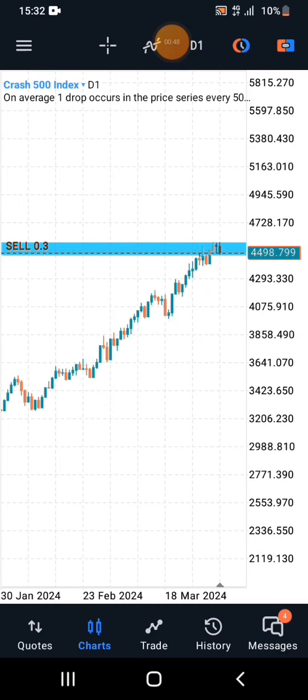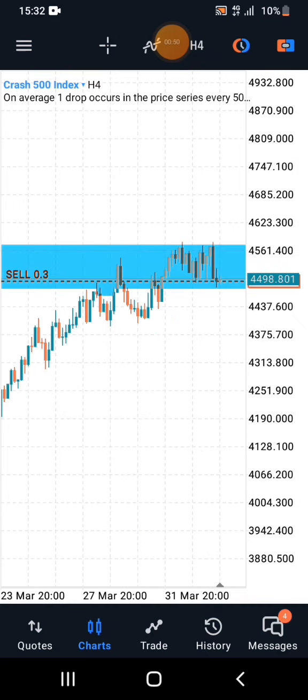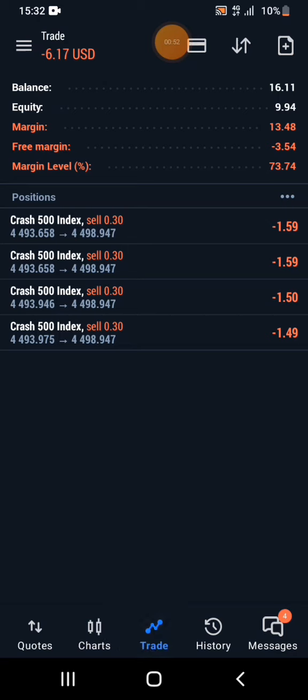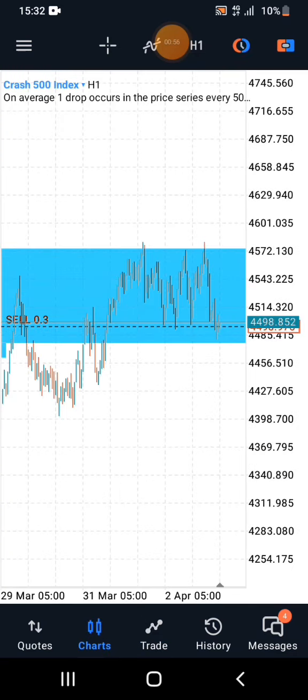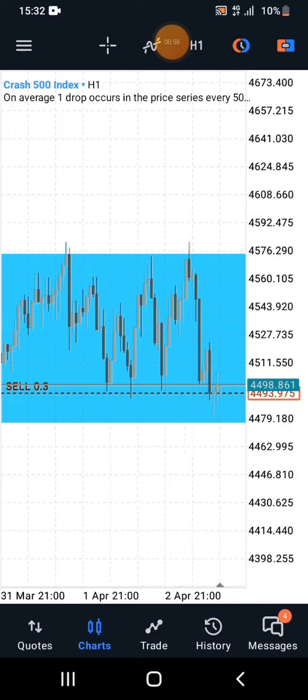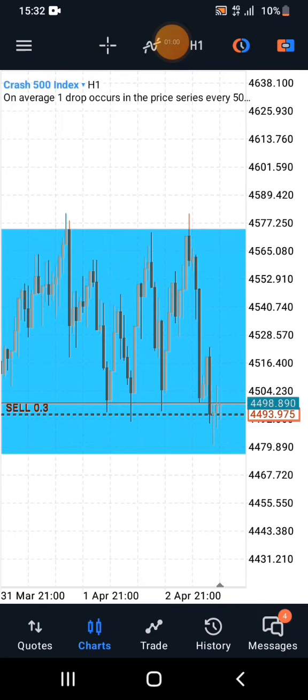So I'm thinking the market is still going down, but in the meantime we are losing a lot of the cash that we made. And as you can see on a 1 hour, it seems like it's rejecting this area right here.